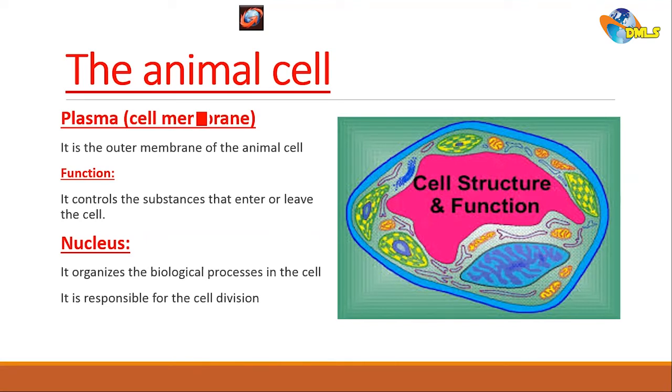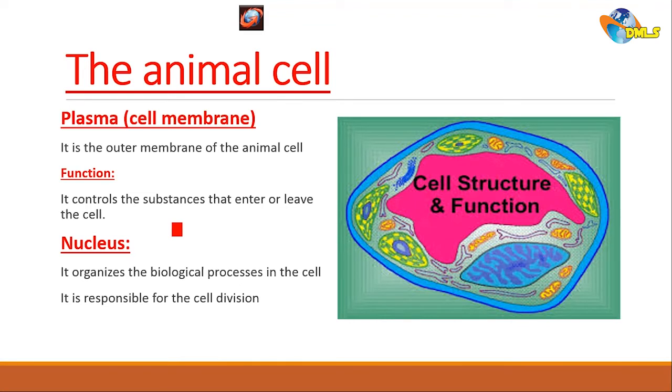It organizes the biological operations in the cell and is also responsible for cell division. The cytoplasm is the fluid where all the components of the cell are suspended, and all biological operations occur in it.